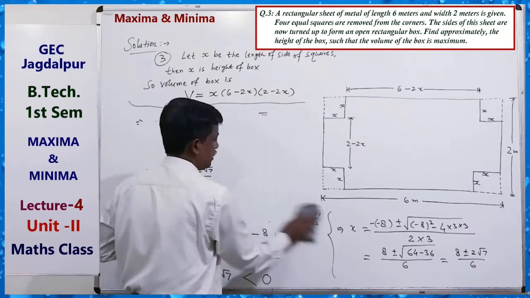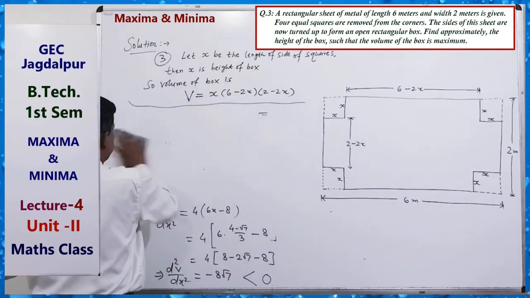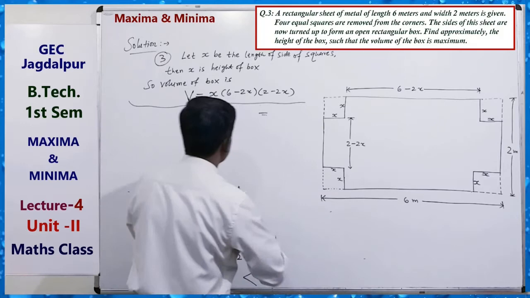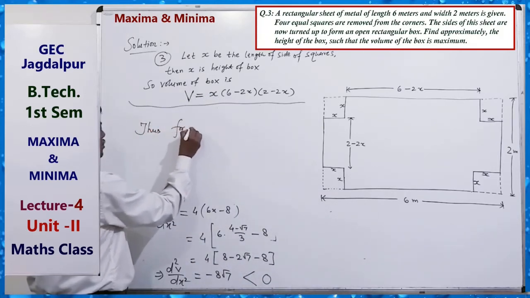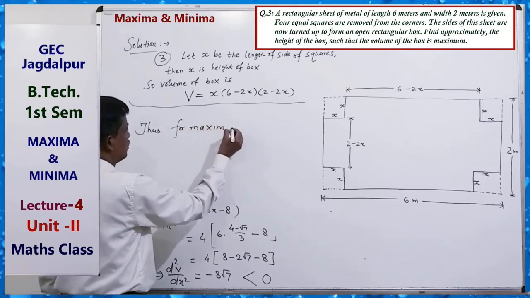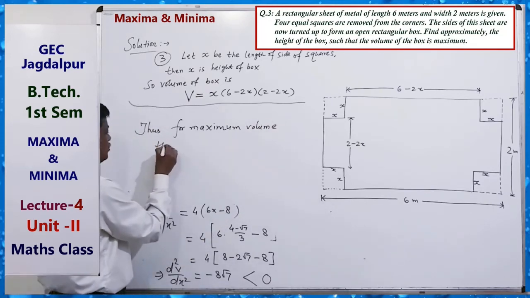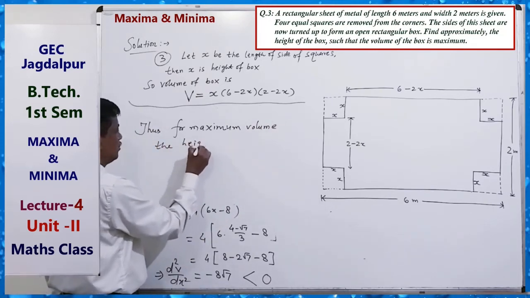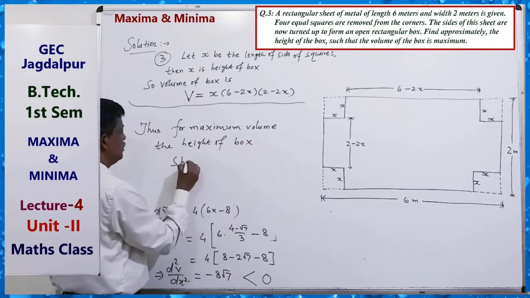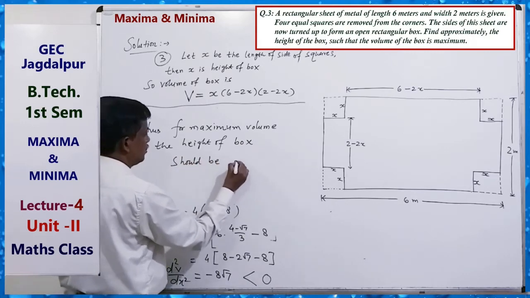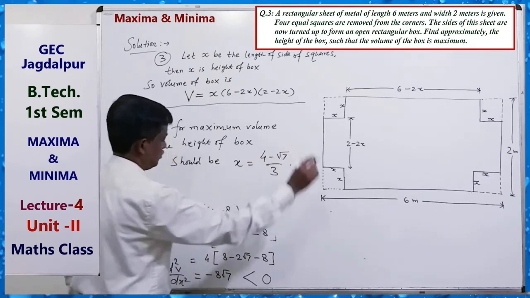Thus we can write, thus for maximum volume the height of the box should be 4 minus root 7 by 3.